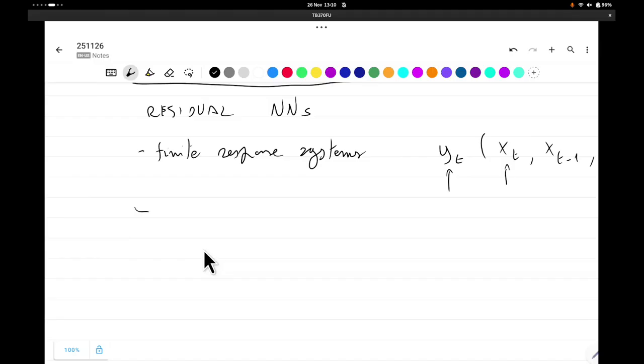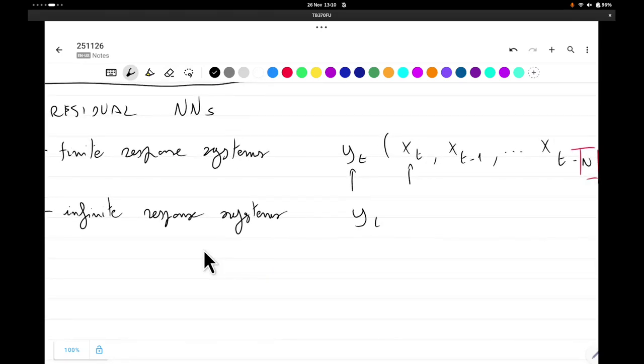So if one cannot commit to a specific time interval, we have the infinite response systems that, very elegantly, I would say, are formally described in this way.